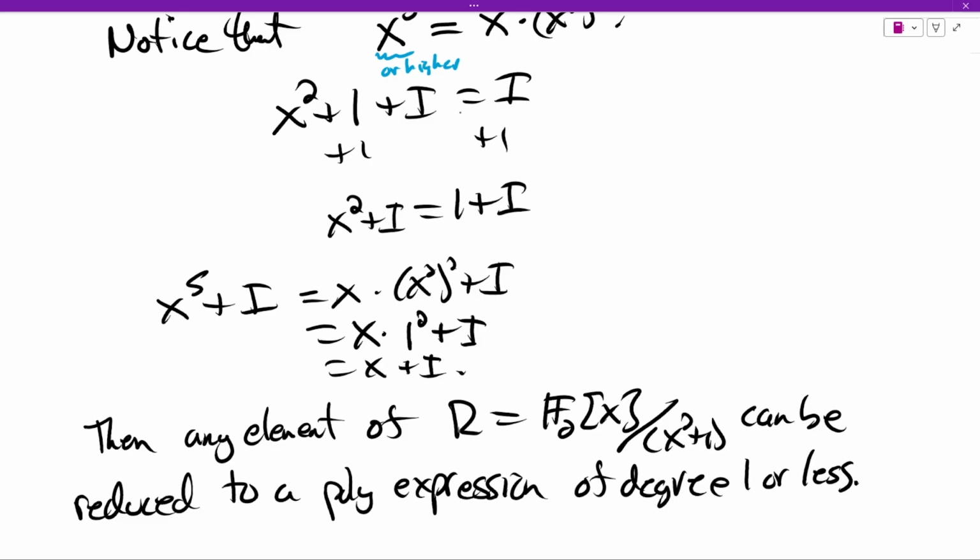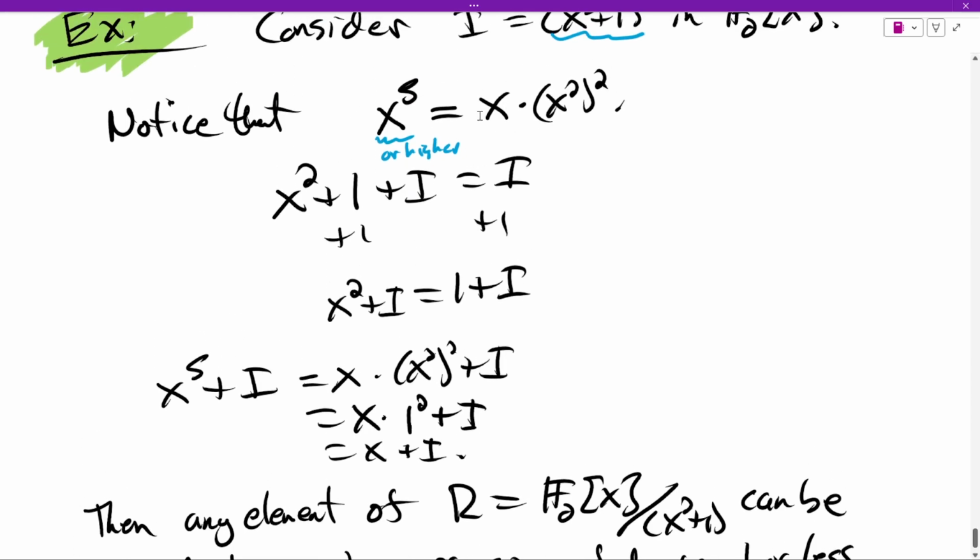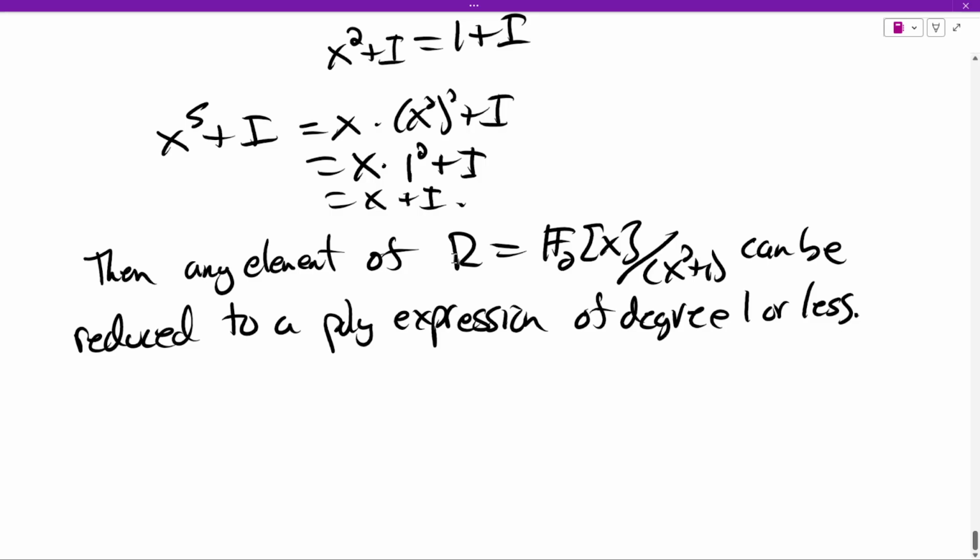Because if you had degree 2 or more, like for example x to the fifth, you can do these tricks where you pull out a certain number of x squareds and you replace them with a 1 in this ring.